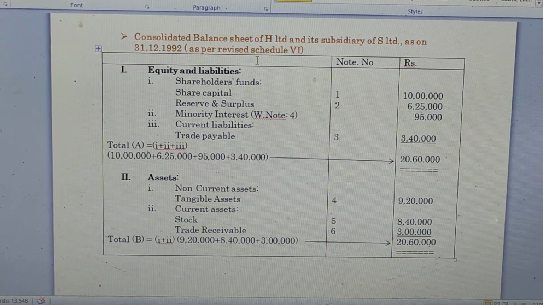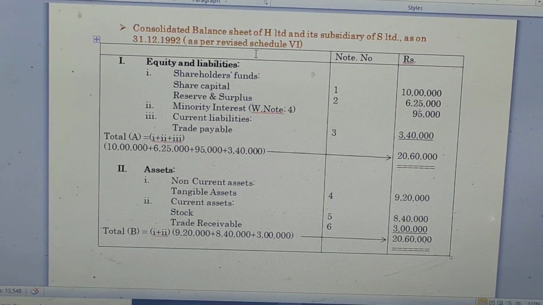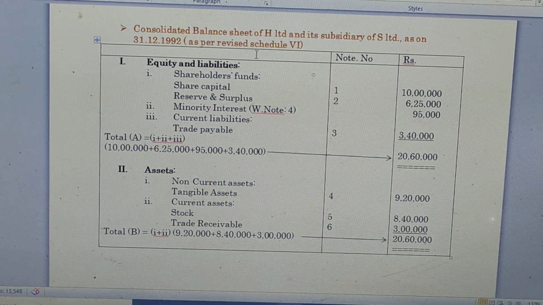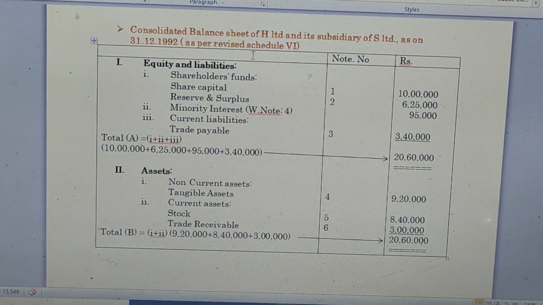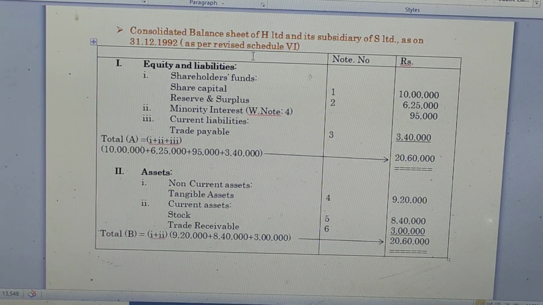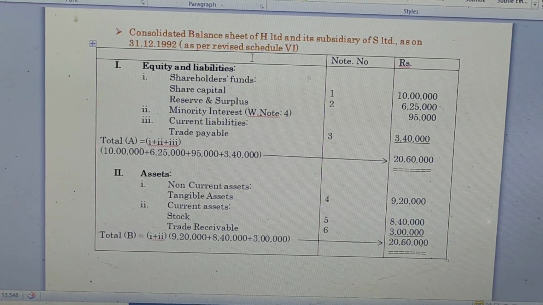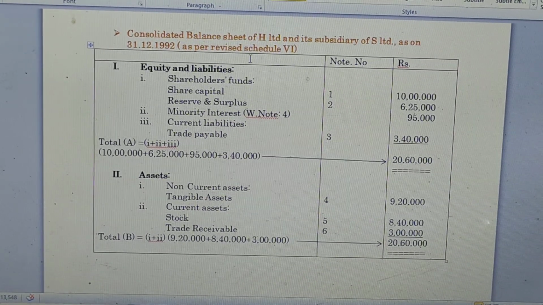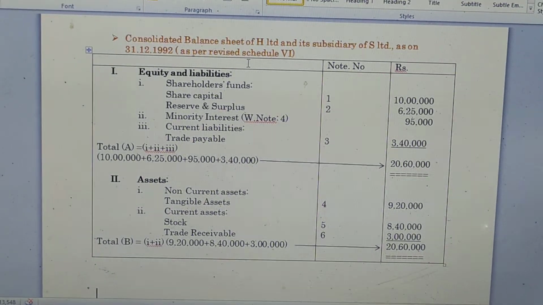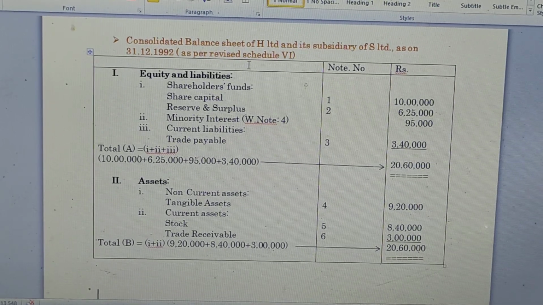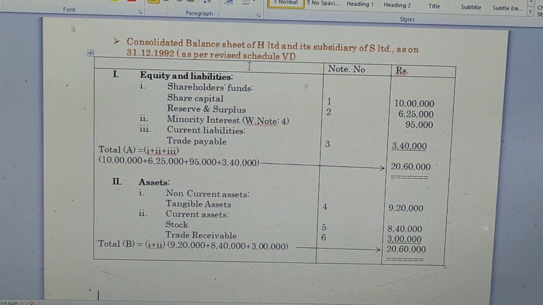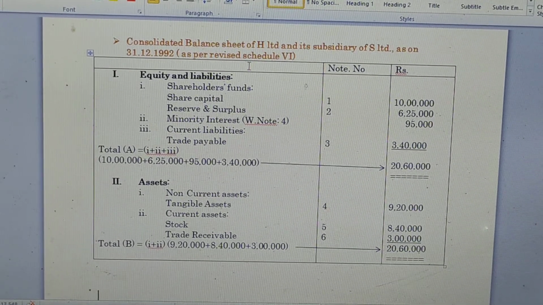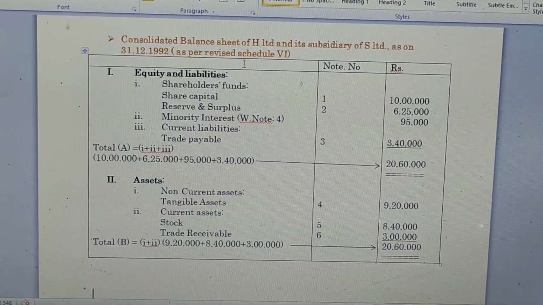So under the shareholders funds we have to mention share capital, that is note number 1 heading, and the note number 1 total is 10 lakhs. And we have to mention reserve and surplus, that is note number 2 heading, and note number 2 total is 6,25,000. Then minority interest, that is working notes 4, which we have already calculated. The amount is rupees 95,000.